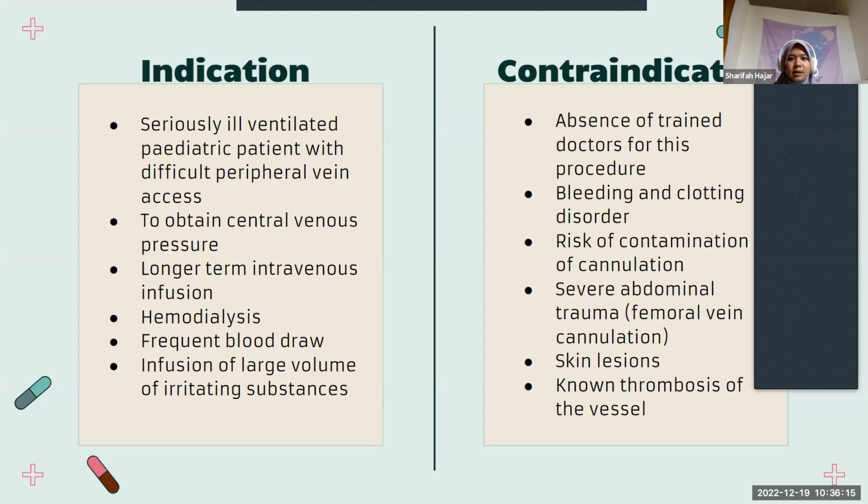And it is contraindicated if there is no trained doctor for this procedure, if the patient has a bleeding and clotting disorder and risk of contamination, severe abdominal trauma for femoral vein cannulation, and if the patient has skin lesions and known thrombosis of the vessel.